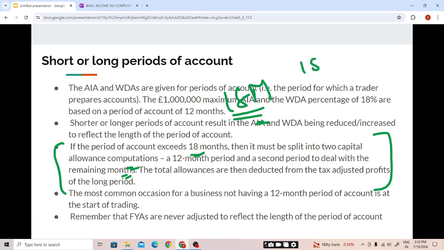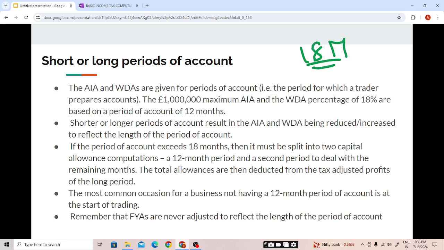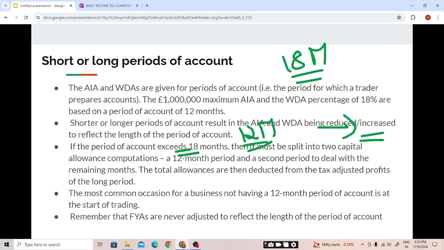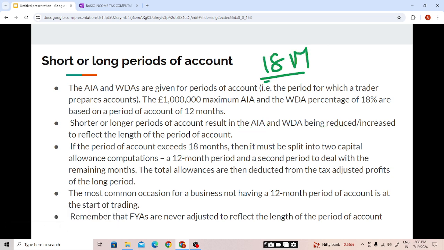If it is less than 18 months, students, it will be calculated as per the normal rule. We'll increase it by 18 over 12. But if the period of account exceeds 18 months, then the first 12 months are calculated separately and the remaining months are calculated as a separate computation.